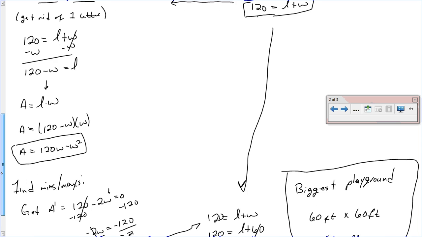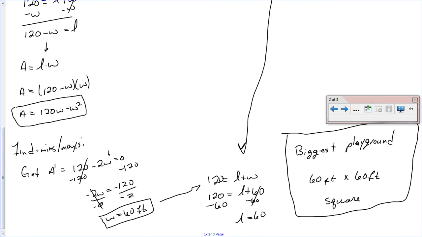All right. So now we wanted to find the max and the mins, and of course to find the maximum and minimum of an equation, you take the derivative. So we found A prime, which is 120 minus 2W, set that equal to 0, and solved for W. Well, when we solved for W, we found the maximum width that the playground can be to have the maximum amount of area.